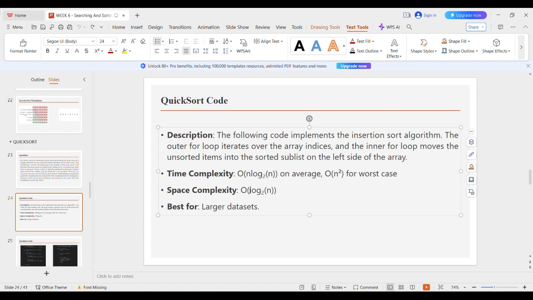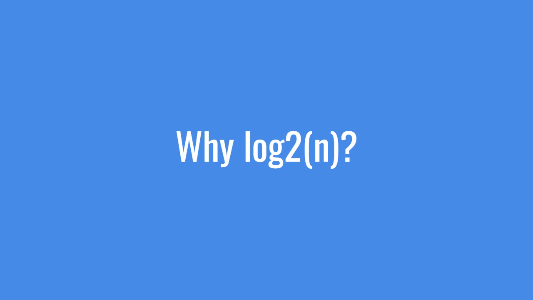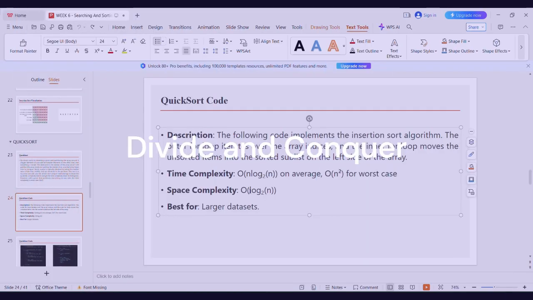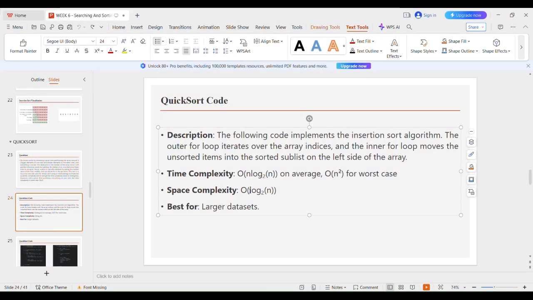So, why log₂n? It is because of the divide and conquer. QuickSort works by dividing the problem in half at each step, roughly. This repeated halving is what leads to the logarithmic behavior, and it's the call stack.